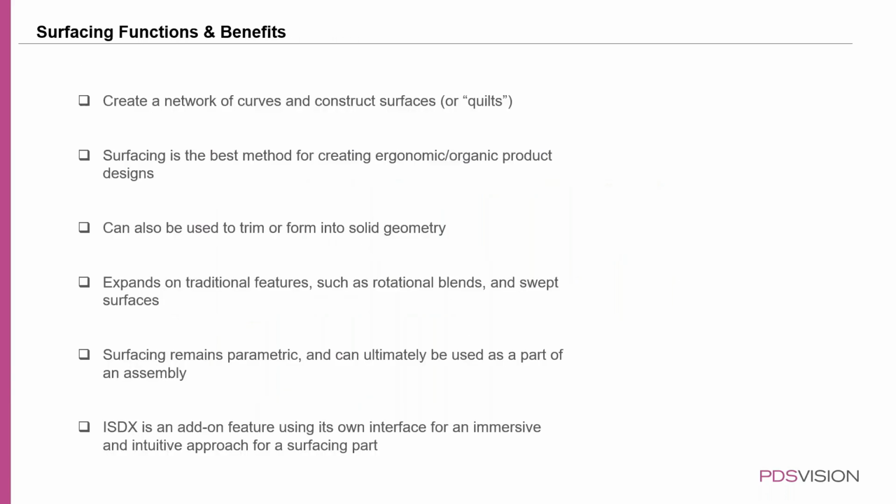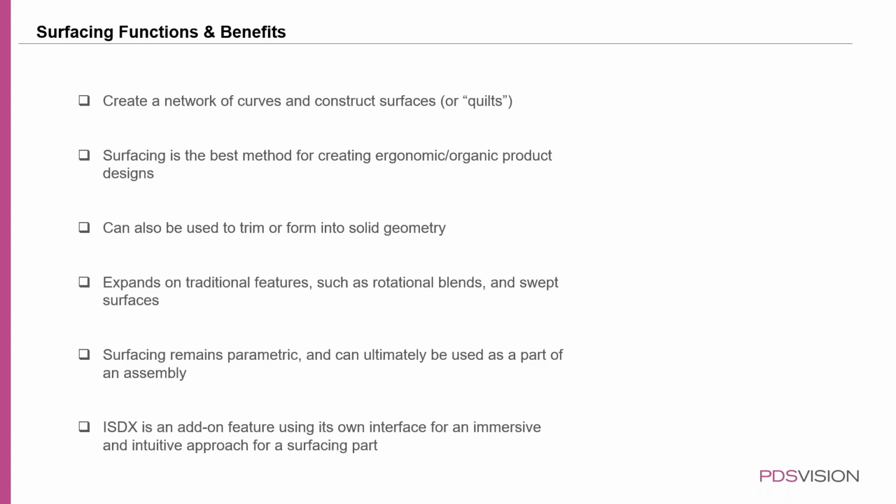All right, let's get into it. I'm going to be talking about some functions and benefits of surfacing, and then I'll get into some of the features that are used in surfacing. So what it is: building a network of curves or splines and also points.